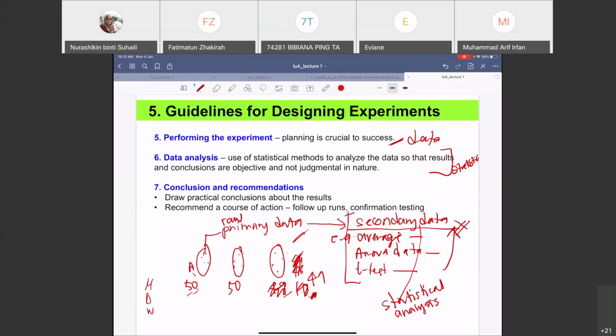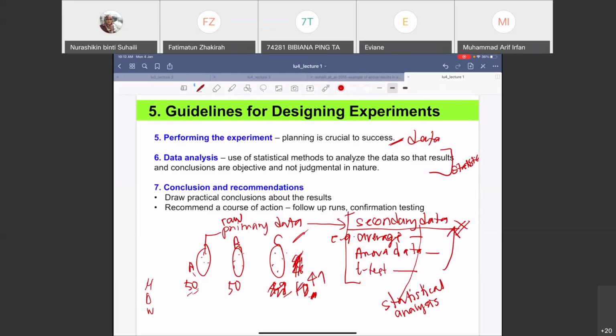And from your statistical analysis, right? So that is where you make a conclusion. Conclusion is like when you do the ANOVA test, you find out that sample A, in terms of the height, is different from sample B, but not different from sample C, for example. That is your conclusion, right?